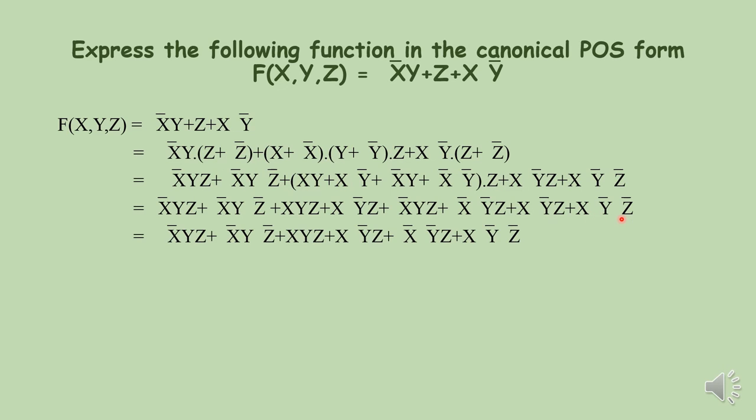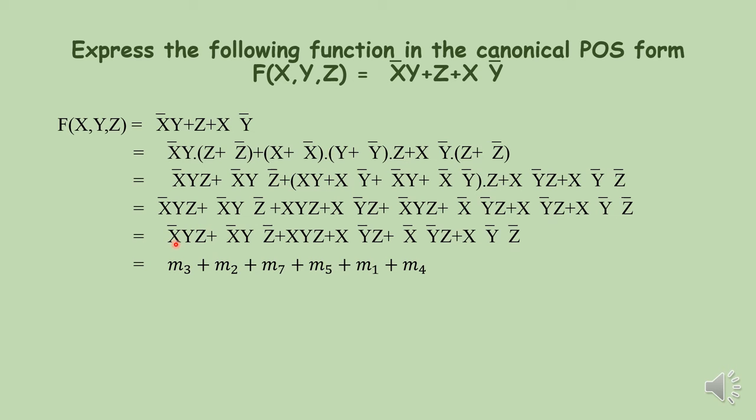Removing the repeated terms, that is x bar yz and xy bar z, we get x bar yz plus x bar yz bar plus xyz plus xy bar z plus x bar y bar z plus xy bar z bar.